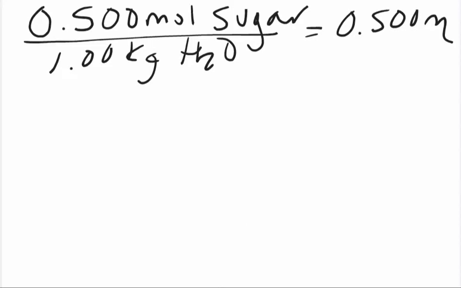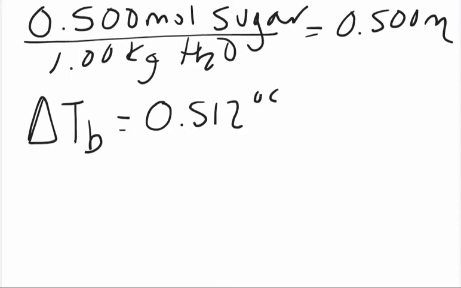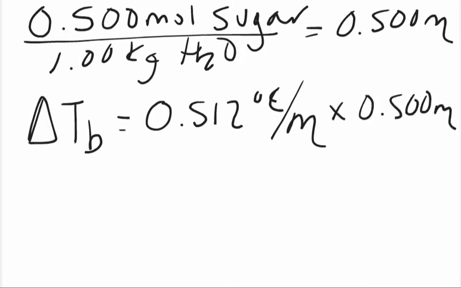In order to calculate how the boiling point would change by taking the water and adding sugar and making it into a solution, we first need to look up the boiling point constant for water, which is 0.512 degrees Celsius per molal, and we need to multiply it by the molality of the solution.